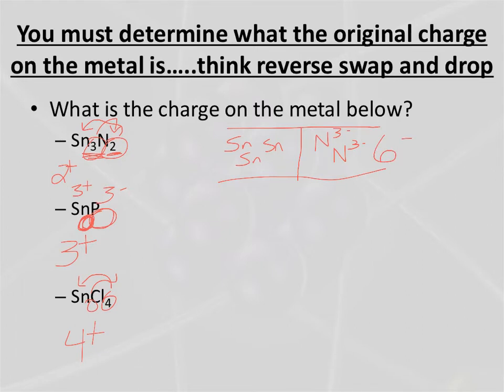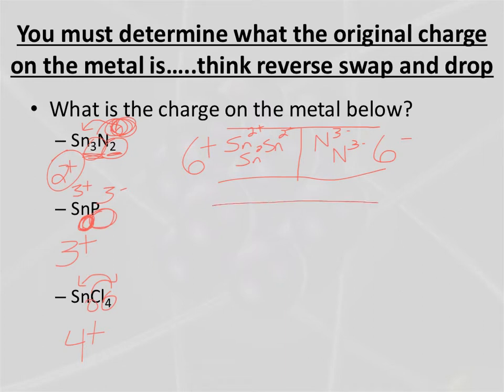Now, because there is no little top subscript up here for a charge for the whole thing, we know that the metals, the other side, had to be 6 plus, so everything cancels and the compound is neutral. If this side is 6 plus and I have 1, 2, 3 Sns, that means each of them had to be 2 plus apiece. Okay? So you see we got the same answer as we did the first time.